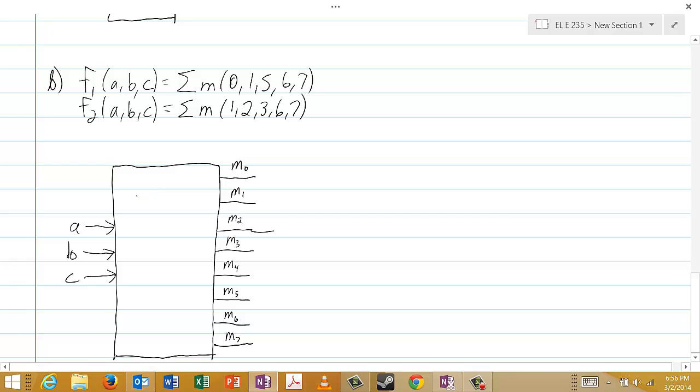So, in other words, I'm claiming that if we do this, if we NOR those 3 together, we will get the desired function for F1.